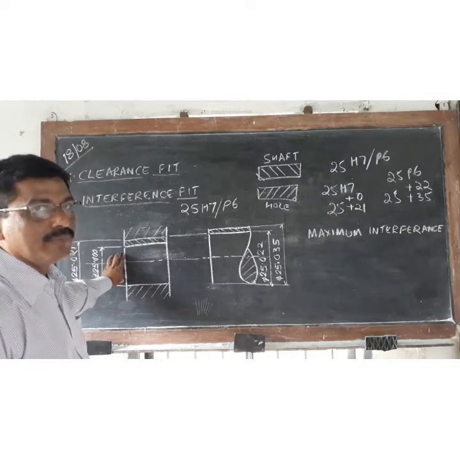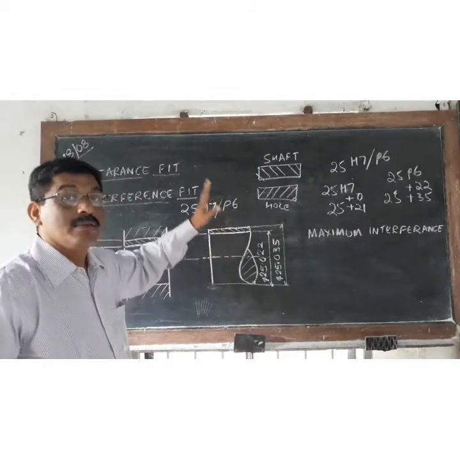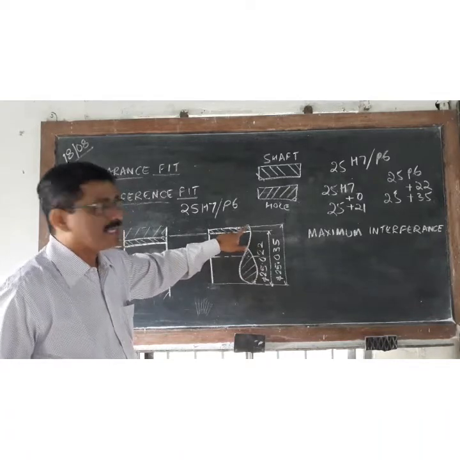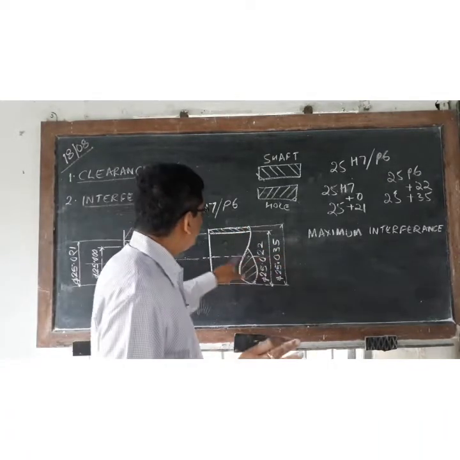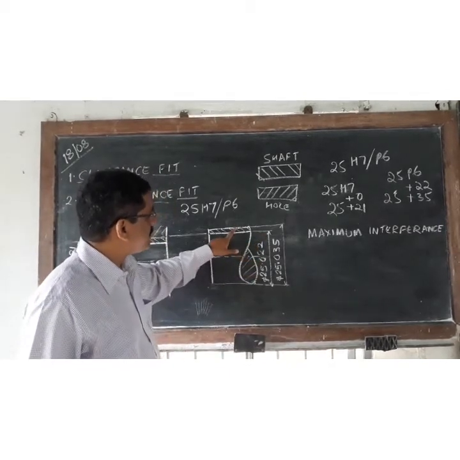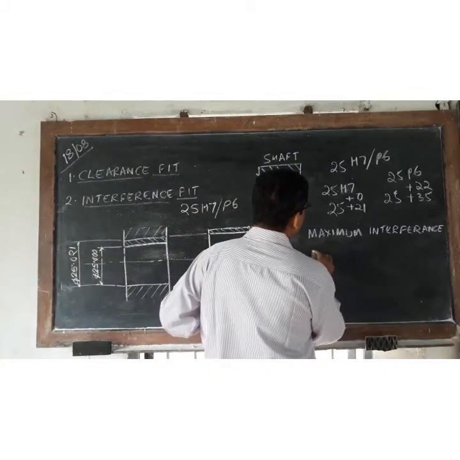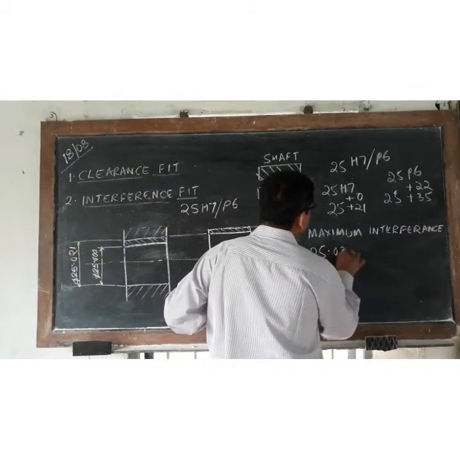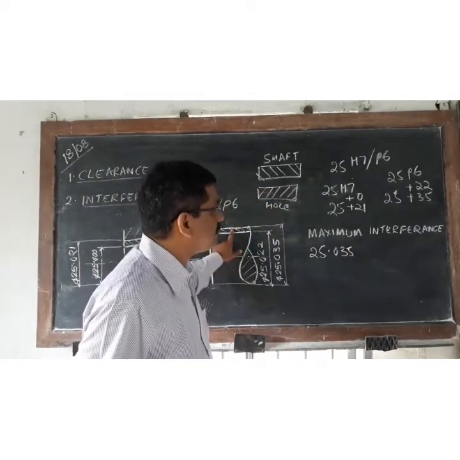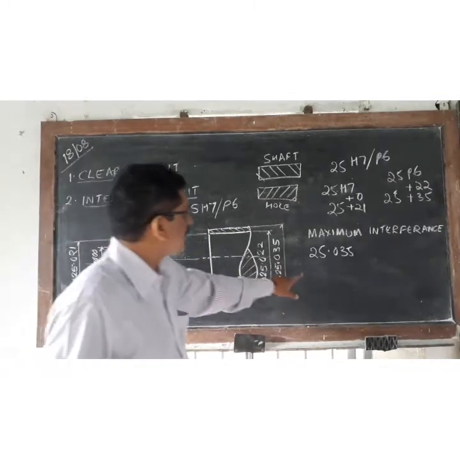Your hole will be very small and your shaft will be very big. This is the maximum interference. This is the shaft, 25.035. That is called the maximum of shaft, and it is the minimum of hole.